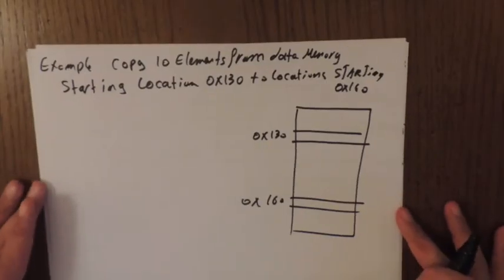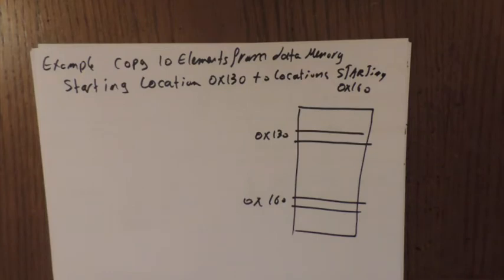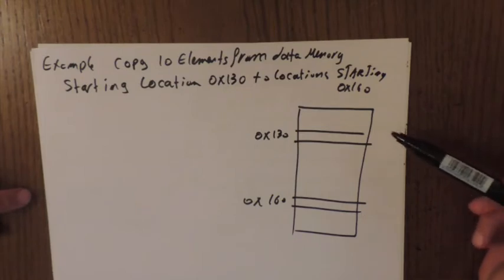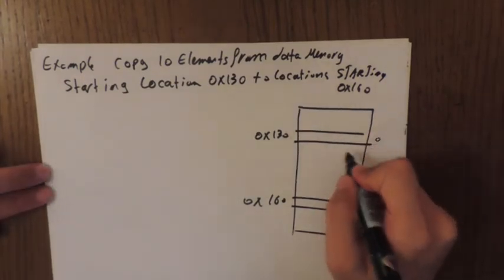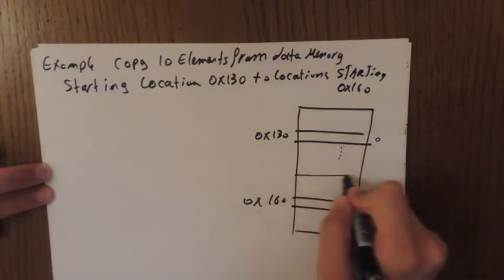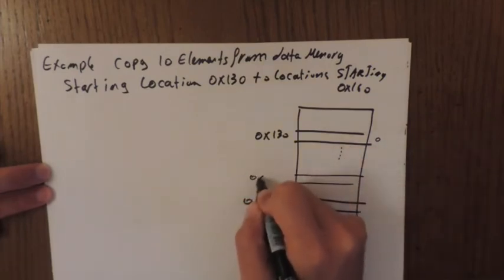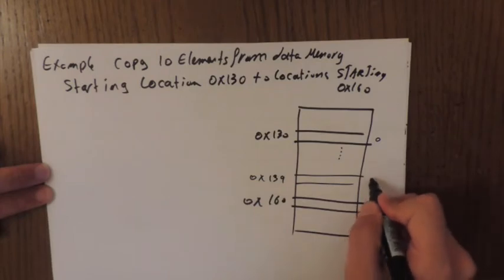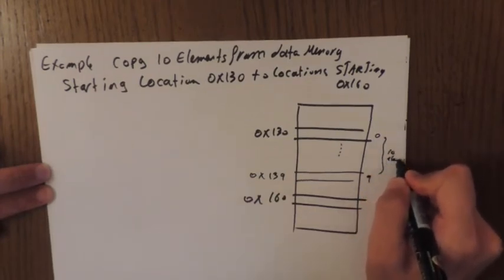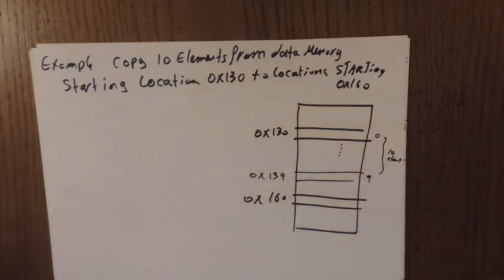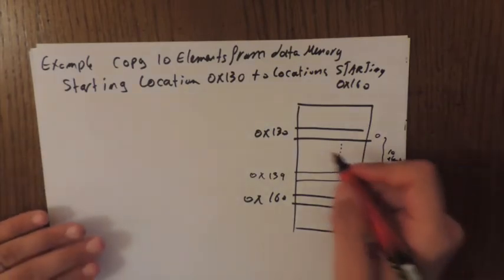Take an example to further elaborate the idea of auto increment and the idea of pointers. So let's say I have 10 elements in 0x130. This is element number 0 to 0x139, which is element number 9. These are 10 elements. I want to copy them one by one to 0x160.